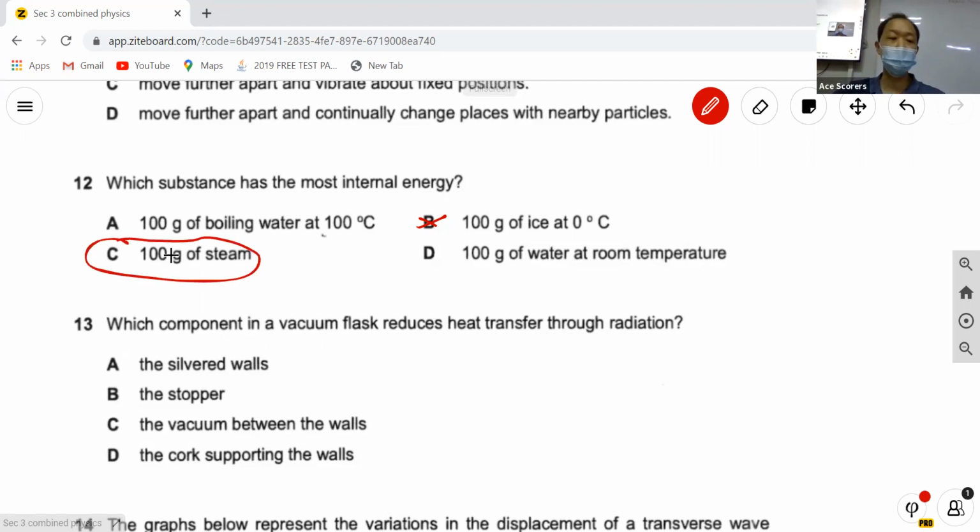Why? Because steam is over here, in the gaseous state, and it is definitely at 100 degrees Celsius or more. Okay, so you see this is solid. We don't care about solid. Why? Because in gas, the particles are flying randomly, so they have more kinetic energy. Flying everywhere, correct? Boiling water. Now, boiling water, is it still water or is it gas?